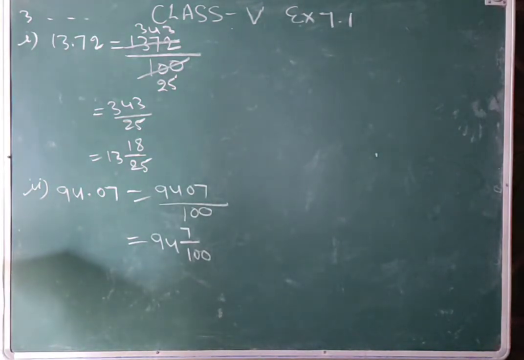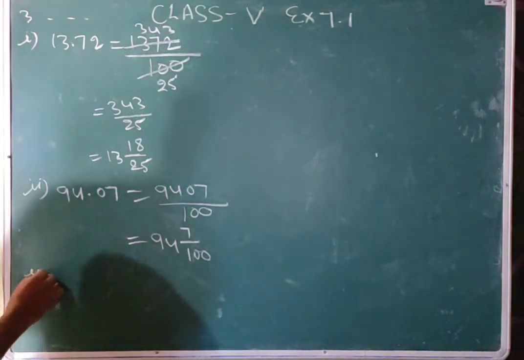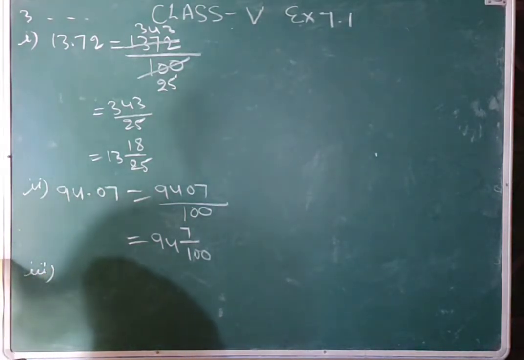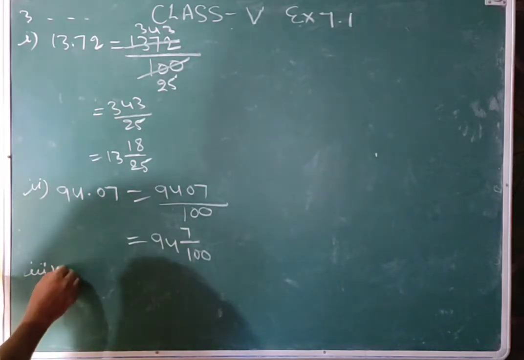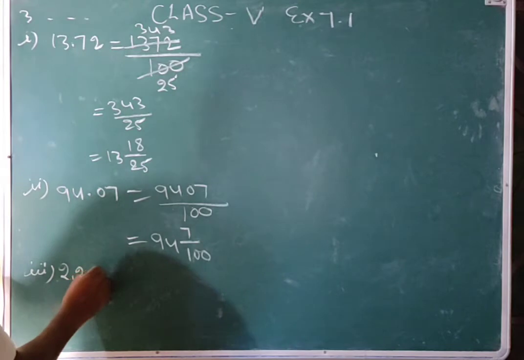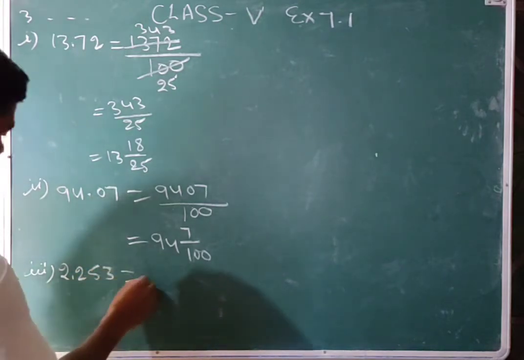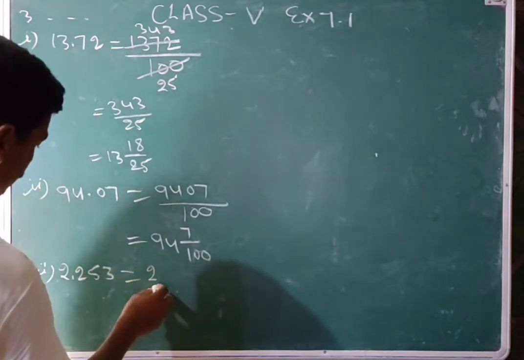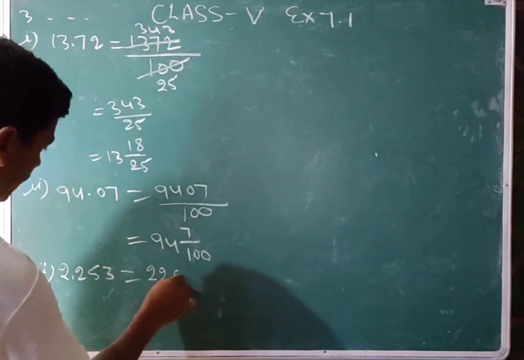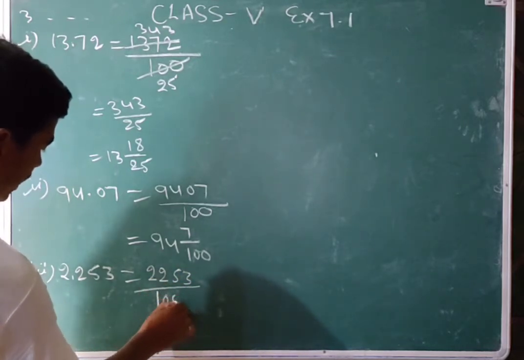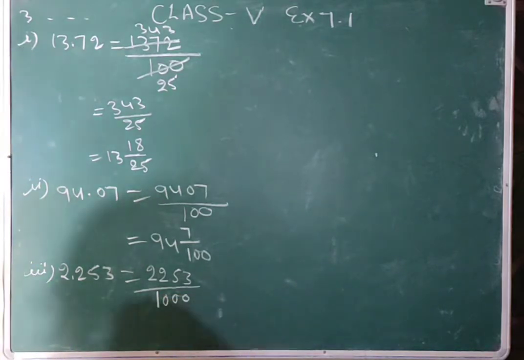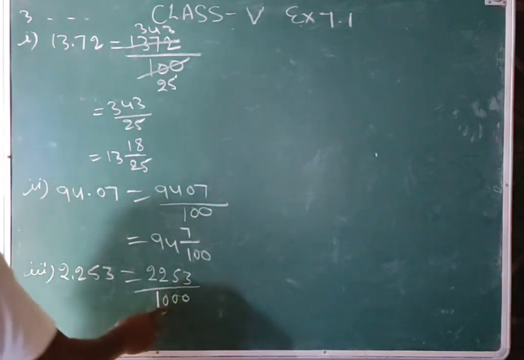And then the third question also, see that. The third part is 2.253. 2.253 is equal to, similarly, 253 you will write, and on the place of decimal 1, then after it 3 digits are there, so we will write 3 zeros.